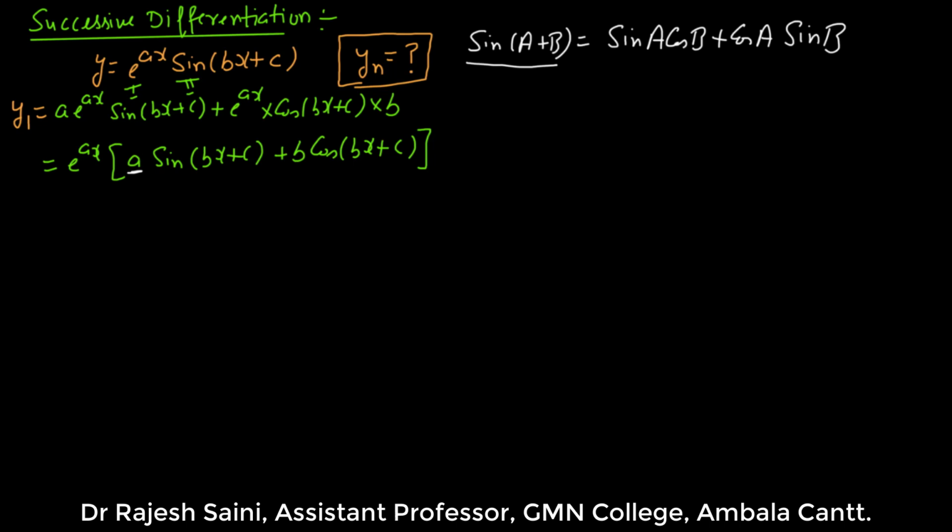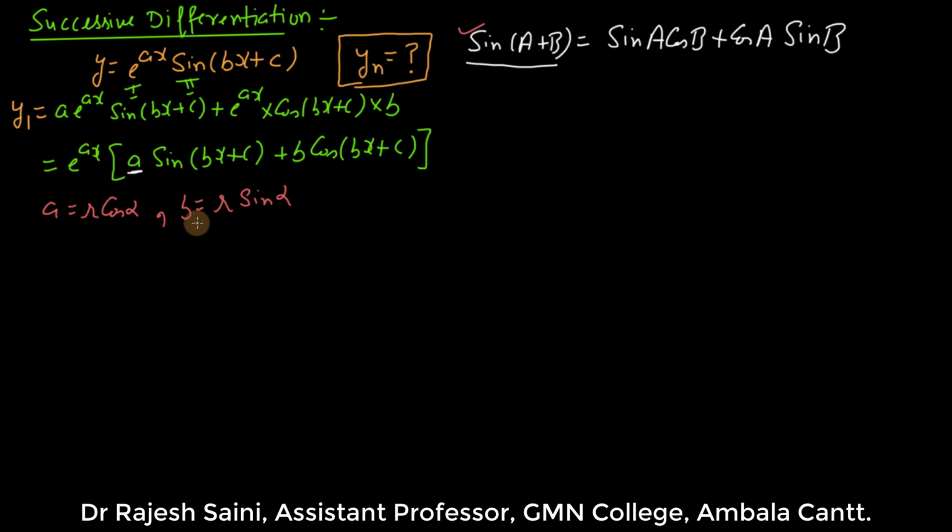So I am going to assume a as r cos alpha. You should note that I have put cos because I am targeting the sine formula so that I could generalize, because here is sine, so here should be sine. So that is why I have put r cos alpha, not r sin alpha. Otherwise I could also have put it as r sin alpha, but what I have put over here is r cos alpha, and b could be put as r sin alpha.